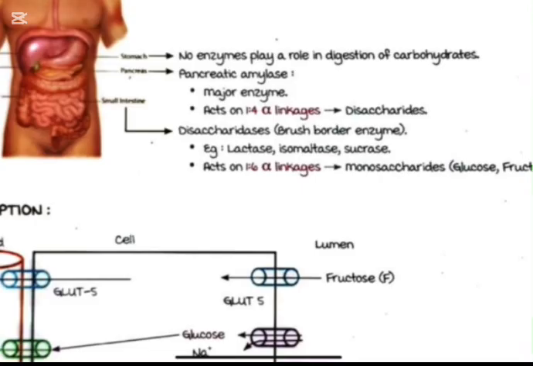In the pancreas, we have amylase, the major enzyme. It acts on 1:4 alpha linkages and makes them into disaccharides. Disaccharides reach the brush border enzymes in the small intestine, such as lactase, isomaltase, and sucrase, which act on 1:6 alpha linkages and convert them into monosaccharides, such as glucose and fructose.